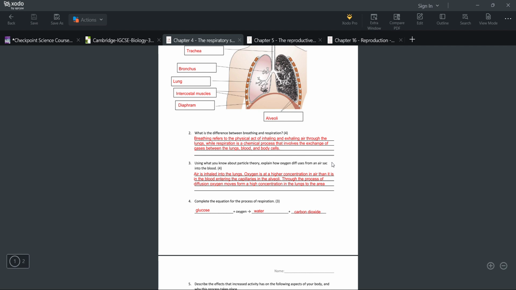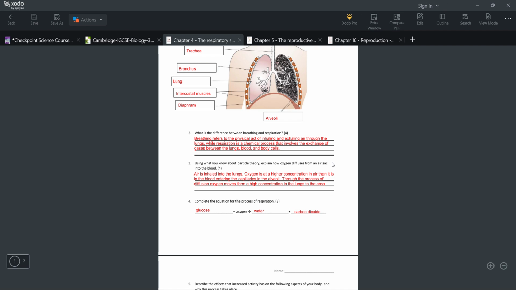So when the air enters your alveoli, the oxygen moves from high concentration in the little air sacs, your alveoli, into your capillaries, into the area of low concentration where oxygen is found at a lower concentration in your blood. And in that way, the oxygen is moving from the air into your blood.